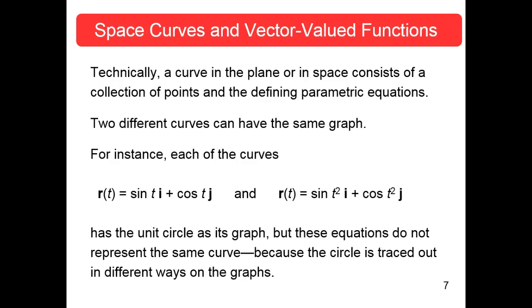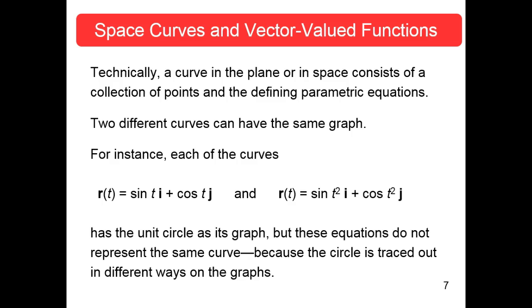The t squared is going at the same speed, but the values just take it around the unit circle again. It does it sort of strangely, in fits and starts, but it still traces the same thing. Both of these have the unit circle as the graph, but the equations do not represent the same curve, because the circle is traced out in different ways.